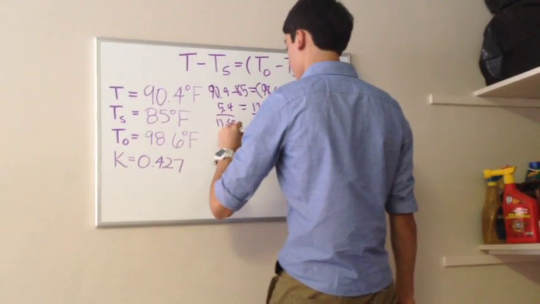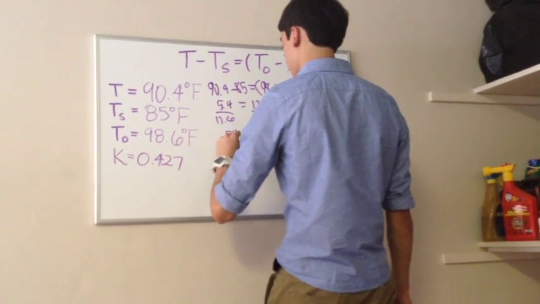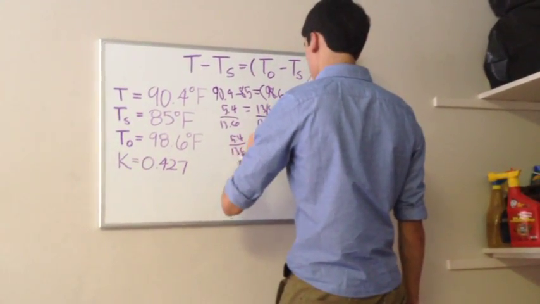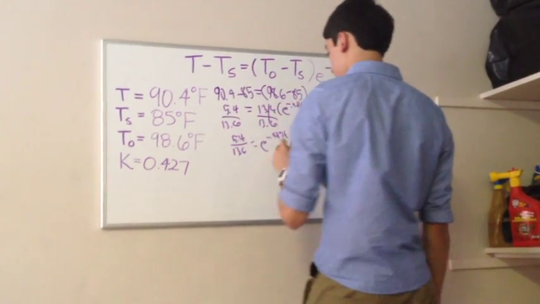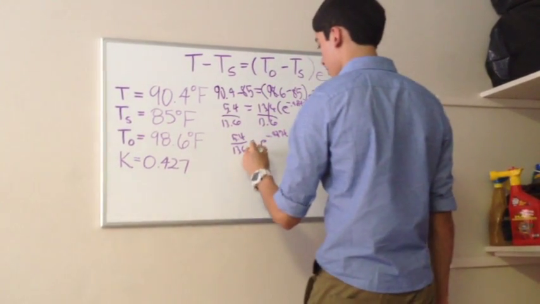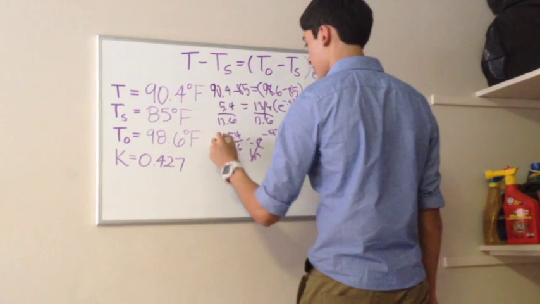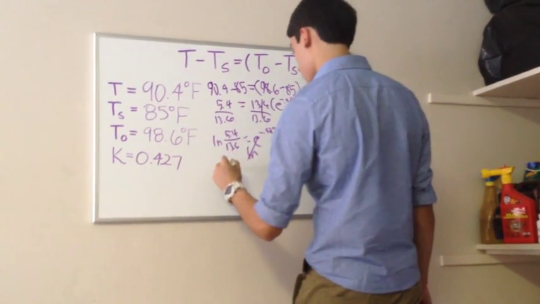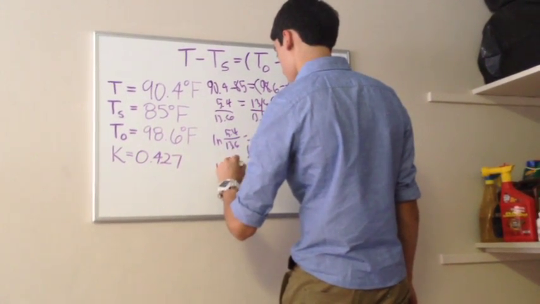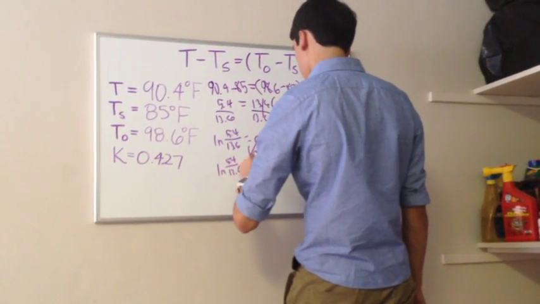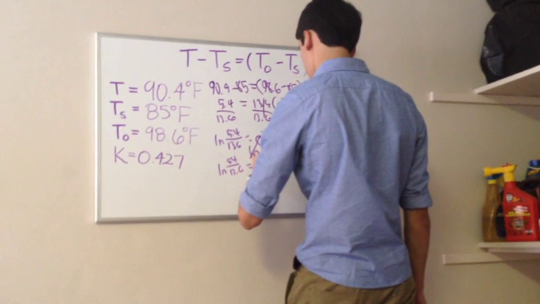So then it's 5.4 divided by 13.6 equals e to the negative 0.427t. So once we have this, we use ln to cancel out the e, which gives ln of 5.4 divided by 13.6 equals negative 0.427t.